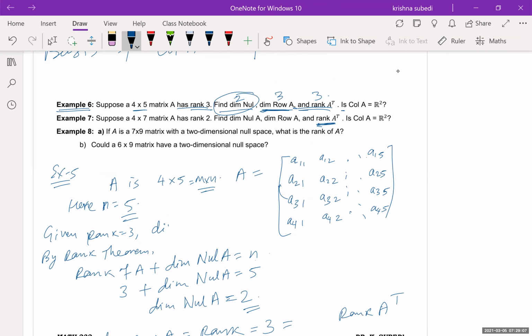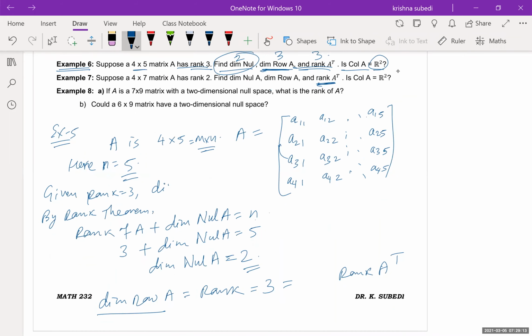Now the question is, is column A equal to R2? What is your answer here? Can column A be R2? No, because a column of A has 1, 2, 3, 4 entries. It should be in R4, not in R2.